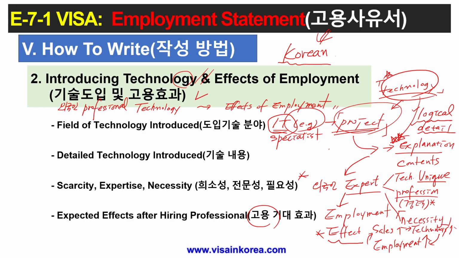The last one is you have to write about the expected effect after hiring a professional foreign national. So what kind of things are indicated as an effect of employment? The first one, if you have very great technology with a great experience, your company can introduce his technologies into this project.